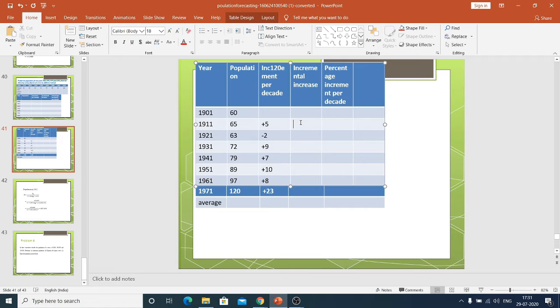Okay. Next one is incremental increase. How do you find out the incremental increase? For the first values we don't have any value. You have to deduct from this one to this one. How do you deduct? 2 minus 5 is minus 3. Next one is 9 minus 2, that is plus 7.